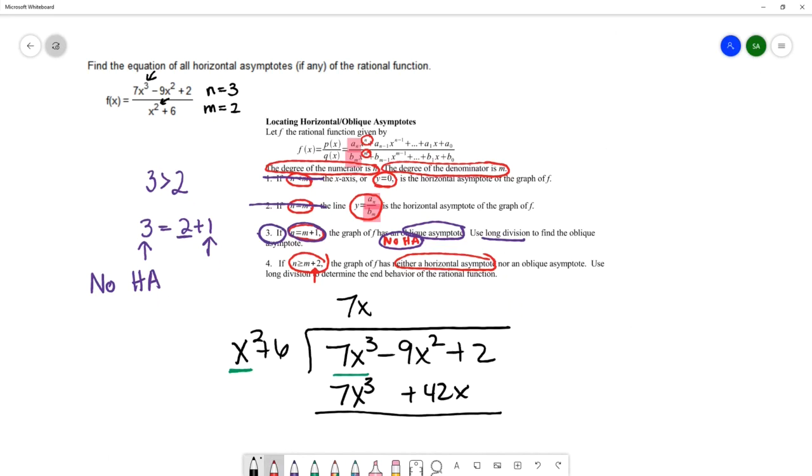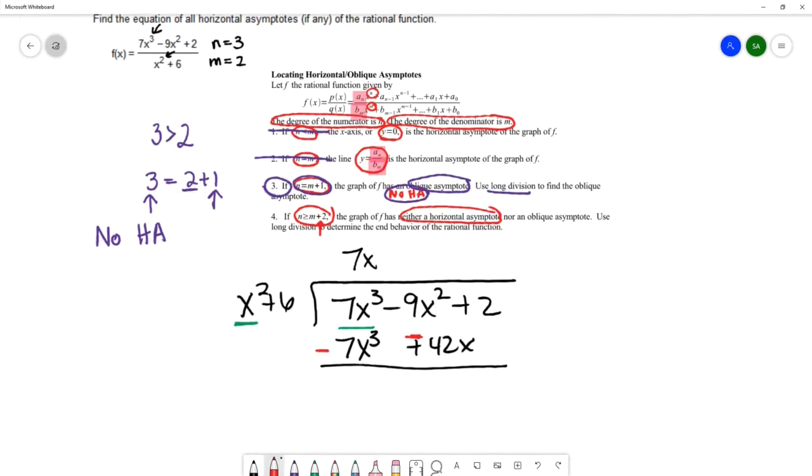And then with long division, you change your signs here. And that's going to cancel out these first terms. And you're going to carry down the 9x squared, the minus 42x, and the plus 2.